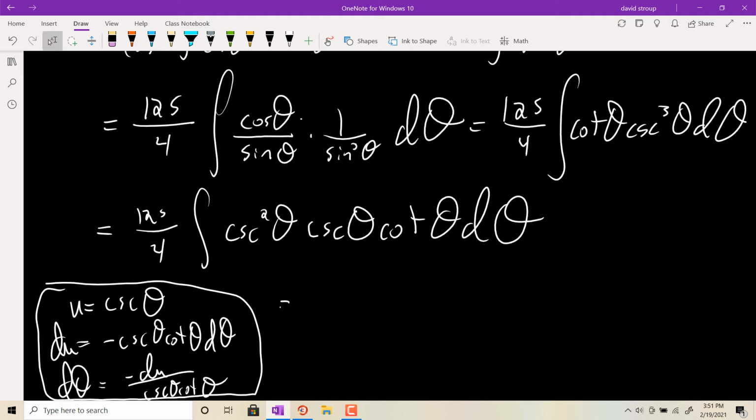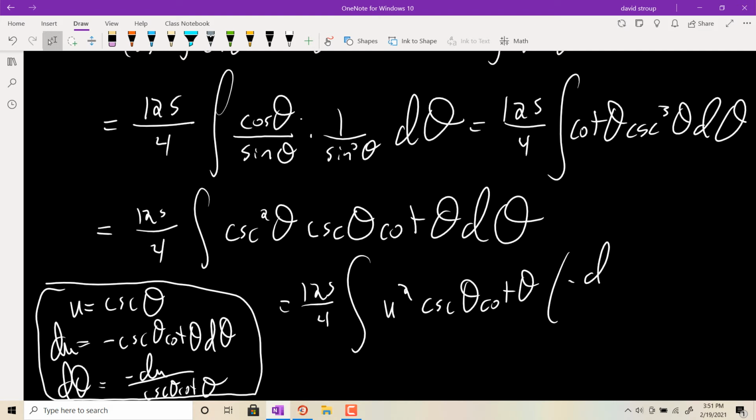And so you'll have 125 over 4 times the integral of u squared times your cosecant theta cotan theta times d theta, which is now negative du all over cosecant theta cotan theta.